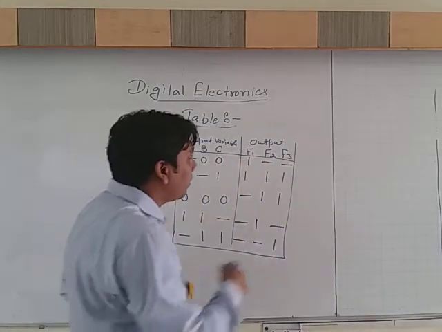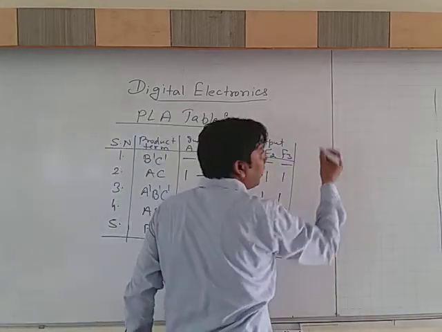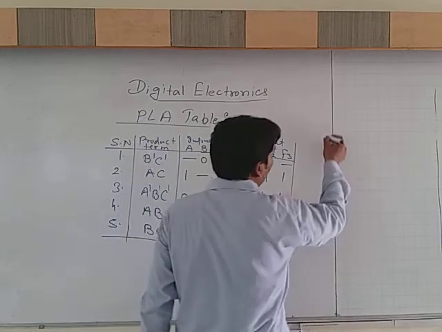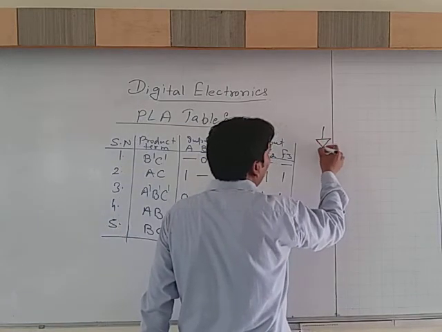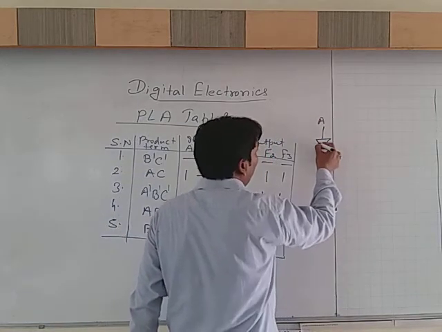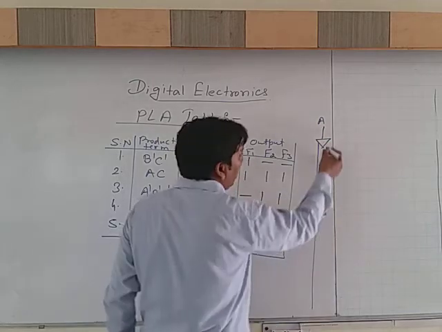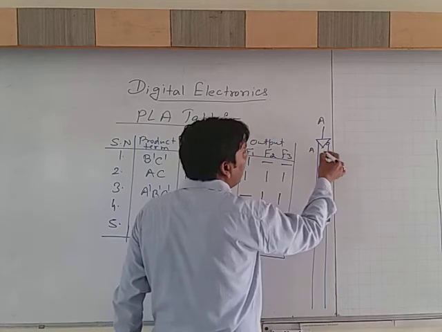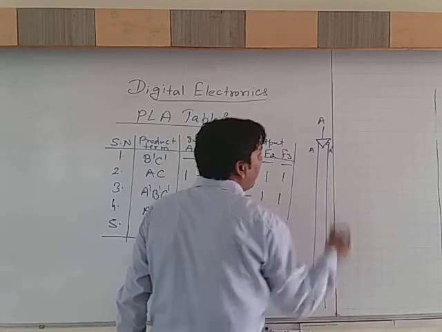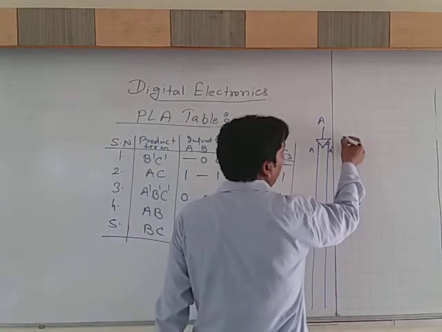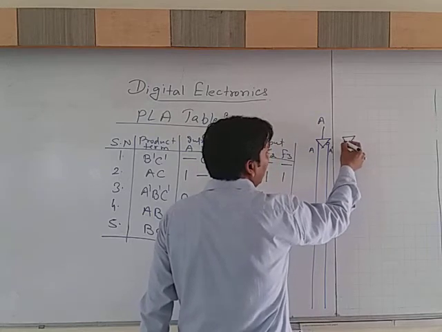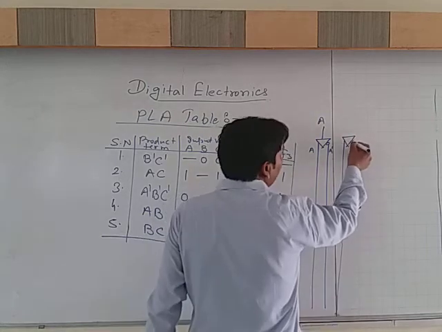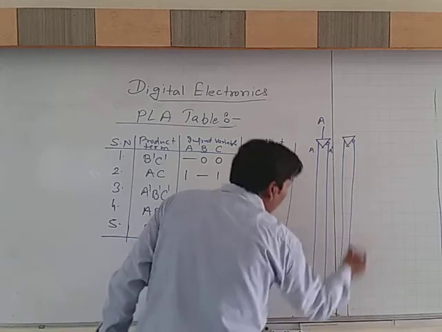First we will just use the input buffers. So for every input variable we have an input buffer. It will provide us an actual value and the complemented. Here we have A and here we have A dash. In the same way, for B we have actual and complemented value.